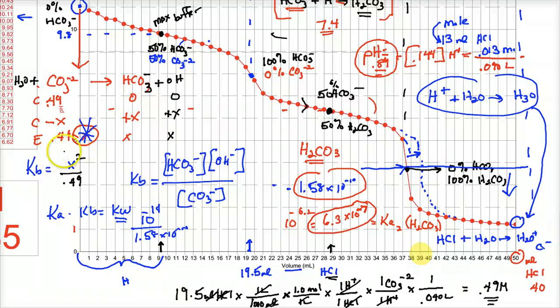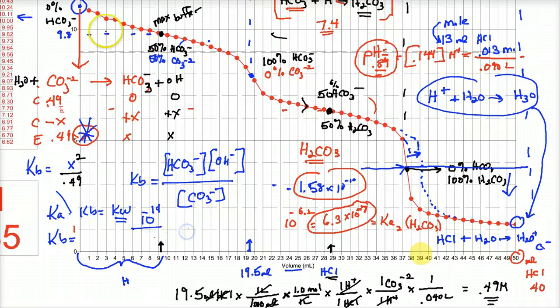I get a Kb equal to 3.99 times 10 to the negative 20. Make sure I did that right. Okay, no, I did not do that right.